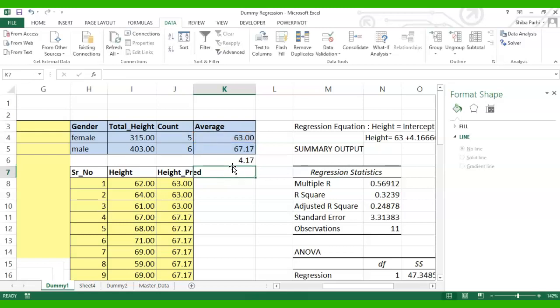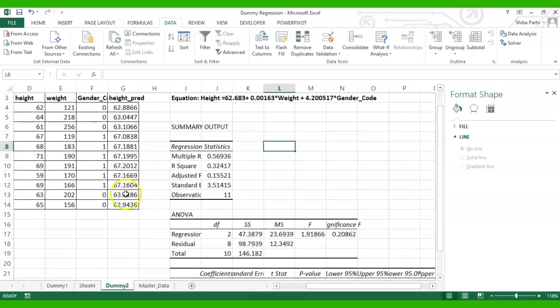So this is the way you can now understand how to deal with categorical data as the independent variable, and we saw another example where weight is the dependent variable and male and female is the categorical variable.